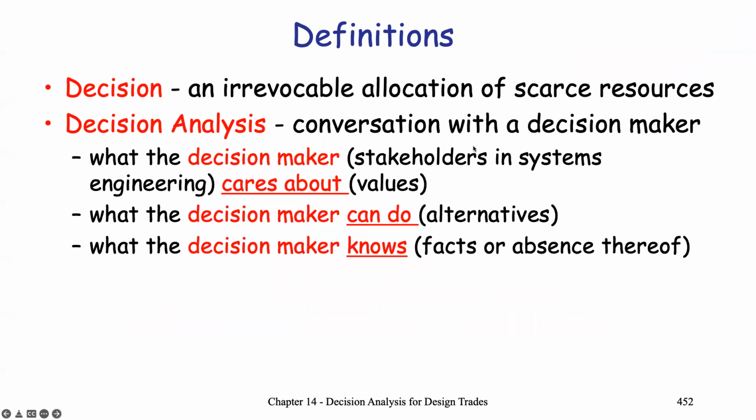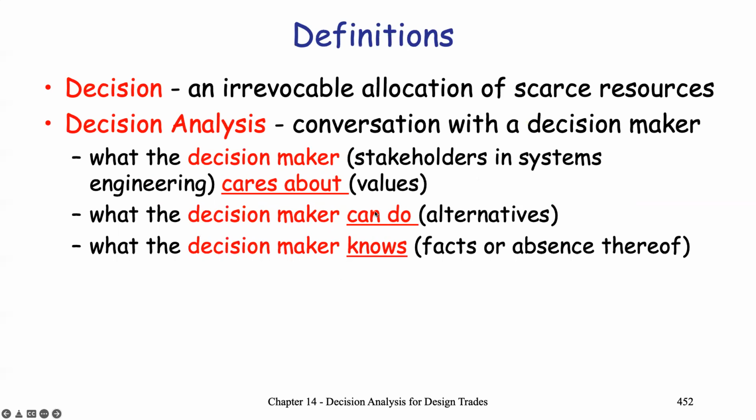Well, let's, as we've done before, use some relevant definitions that may help us in this process. And first, for this decision, this is an irrevocable allocation of scarce resources. So therefore, you want to make good decisions. Decision analysis is the conversation with the decision maker, the stakeholder in the system engineering, about what the decision maker cares about.